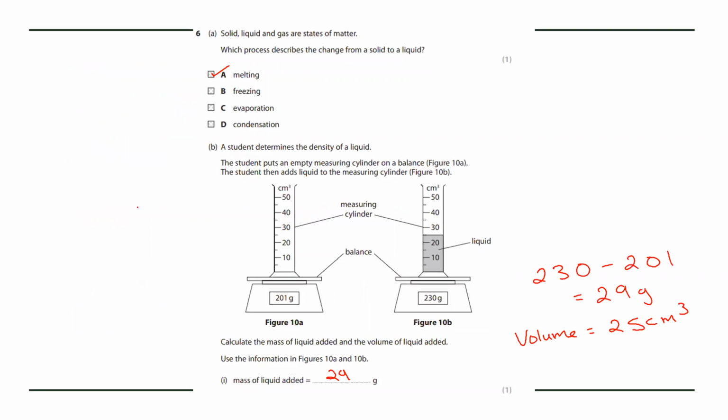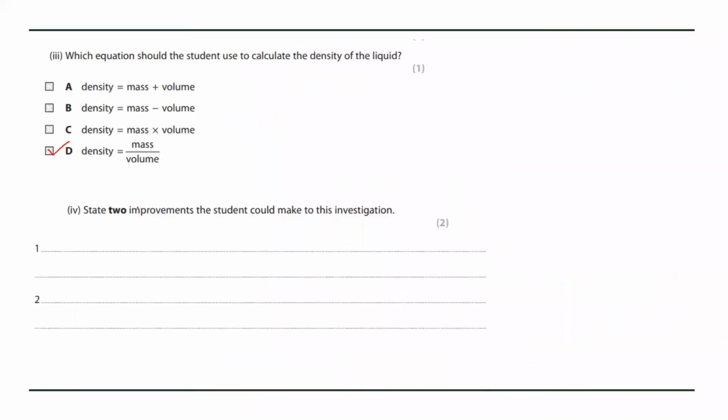The student determines the density of a liquid. The student puts an empty measuring cylinder on a balance and adds liquid. So you could repeat the experiment a number of times.